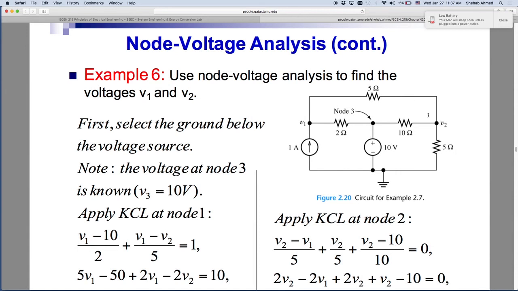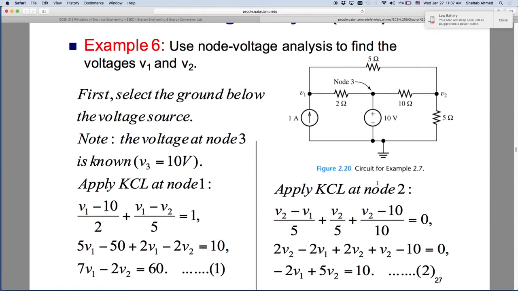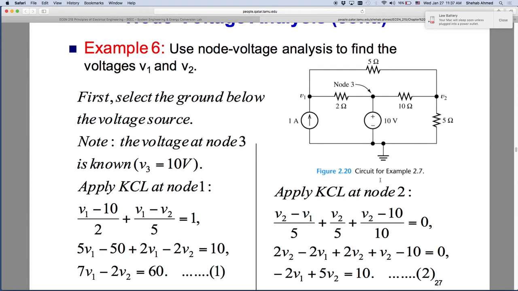Or, let's say, because they're not related, right? If I say that applying Kirchhoff current law at node 2, V2 minus V1, so they did this. They assume that the current is coming into the node here.